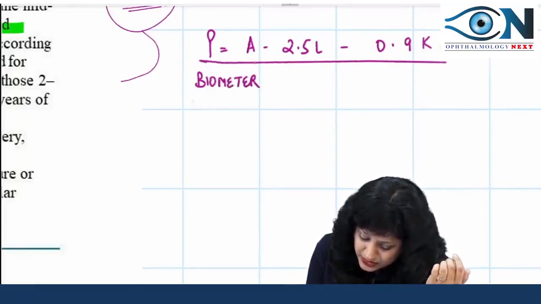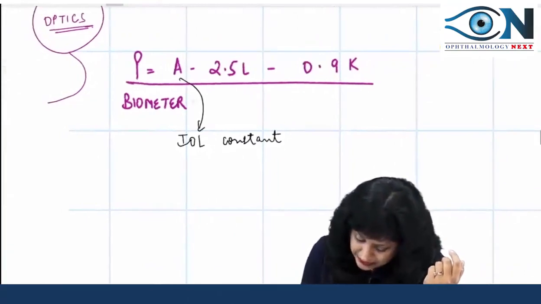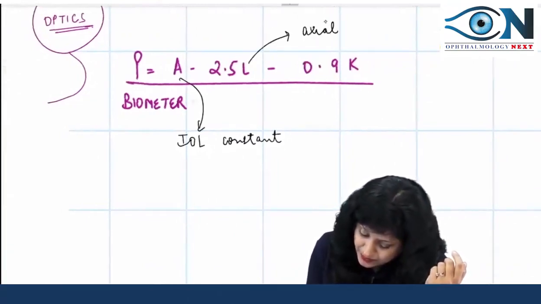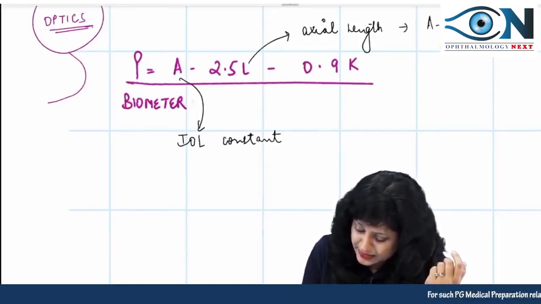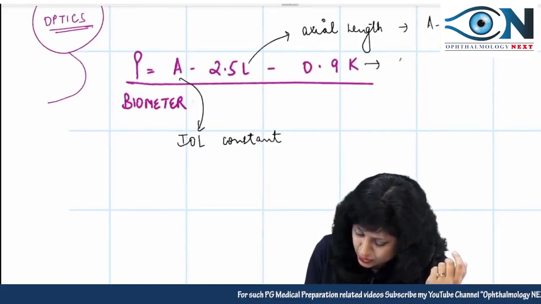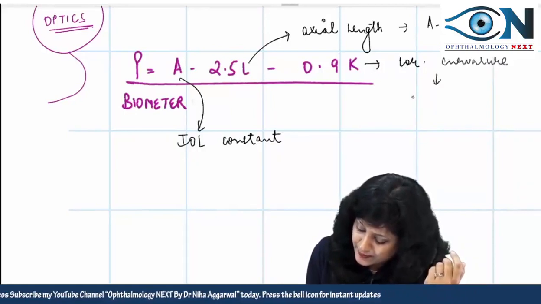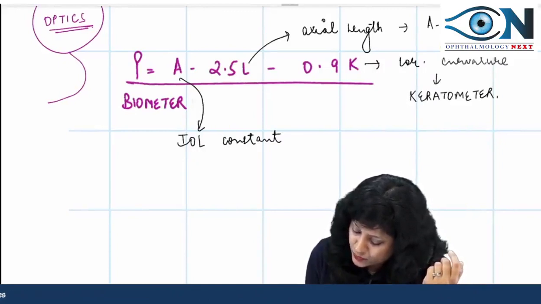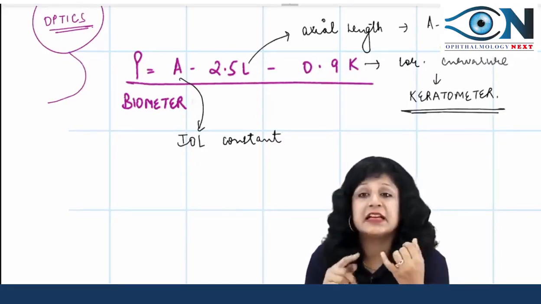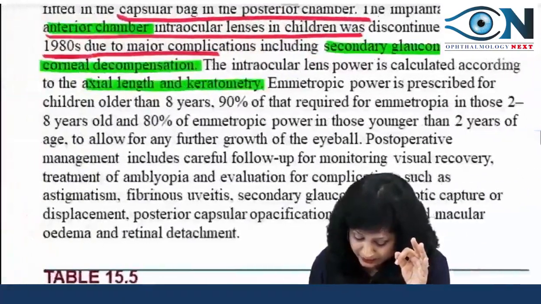A is the IOL constant, and L is the axial length, calculated by the A-scan ultrasound, and K is your corneal curvature, calculated by the keratometer. So the A-scan ultrasound, keratometer and biometer are the things used for calculating the power.